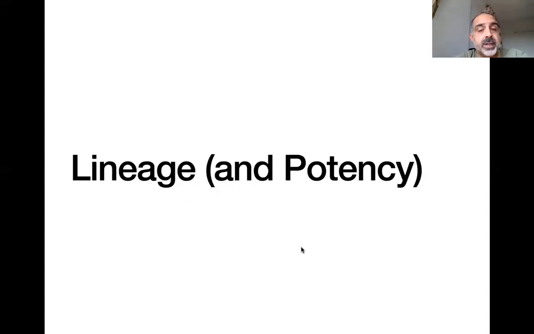I want to talk a little bit about methodologies that we can use to understand what kind of daughters a particular precursor cell will give rise to. Before I go on, does anyone want to hazard a guess on how we can understand lineage?